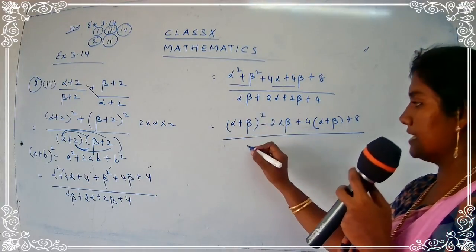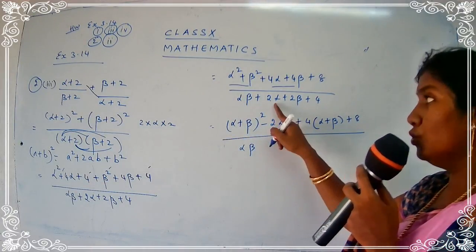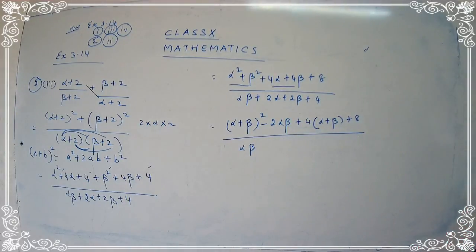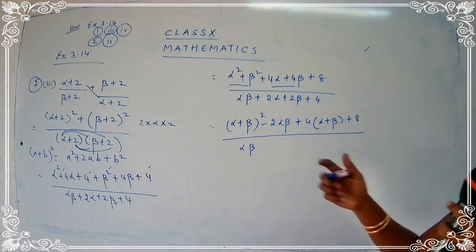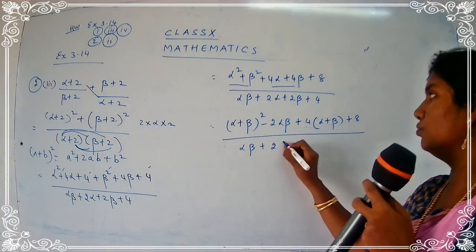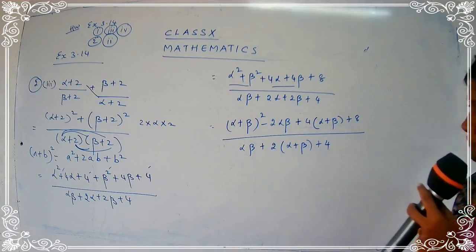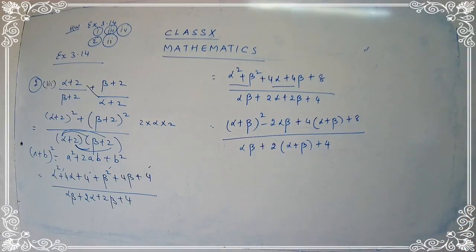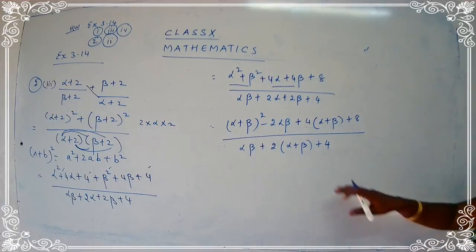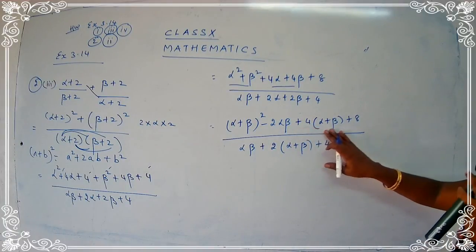Alpha beta is alpha beta, no need to change. 2 alpha plus 2 beta, take 2 common, so plus 2 alpha plus beta plus 4. So what we get here? Alpha plus beta the whole square minus 2 alpha beta plus 4 alpha plus beta plus 8.